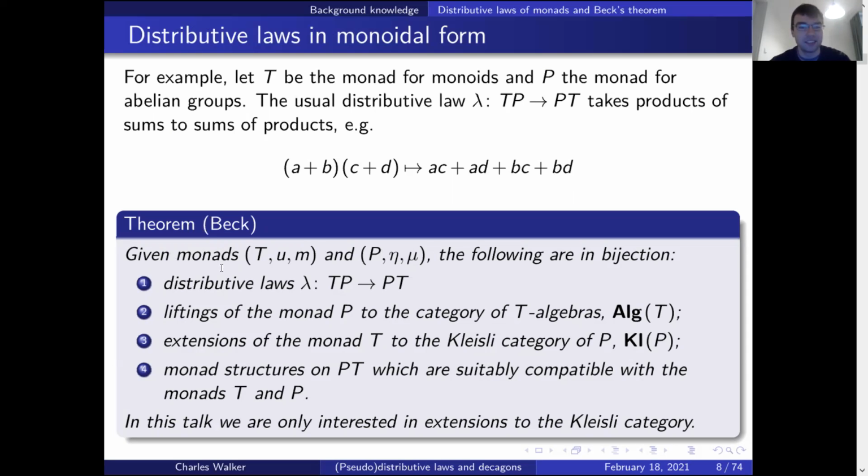Right, so it's a theorem of Beck. Given monads T, eta, mu and P, there is a bijection between distributive laws from TP to PT, and liftings of the monad P to the category of T algebras, denoted Alg T, and extensions of the monad T to the Kleisli category of P, call it the Kleisli of P, and monad structures on the composite, which are suitably compatible with the original monads T and P. Right, so there's some middle unitary law that has to hold, and a couple of things have to be monad morphisms.